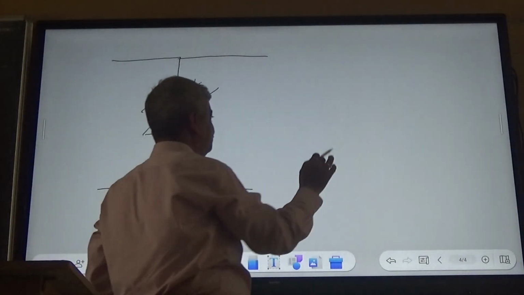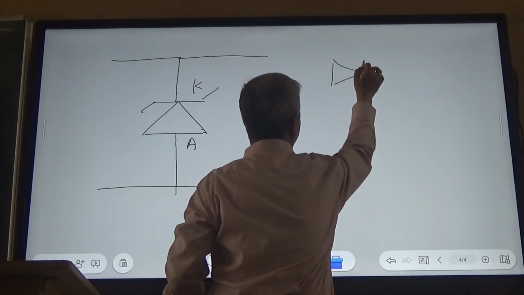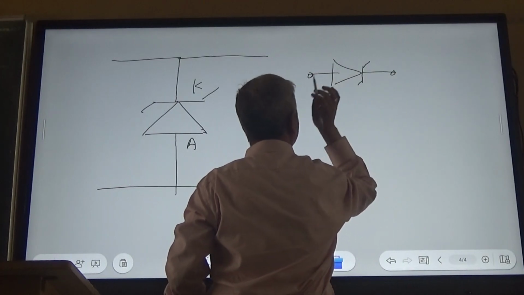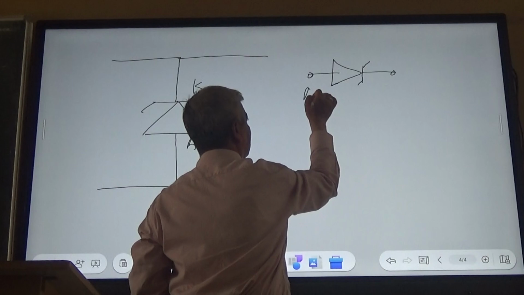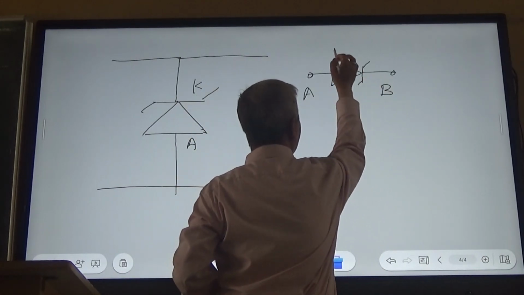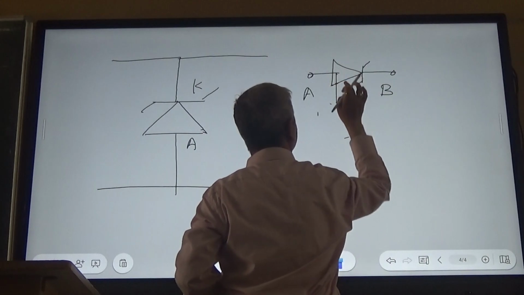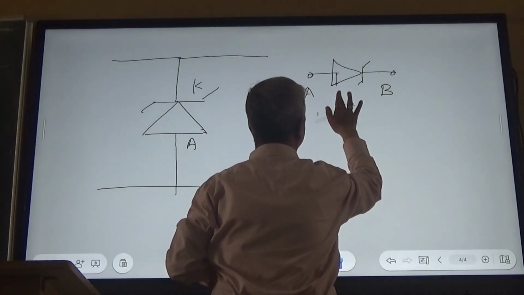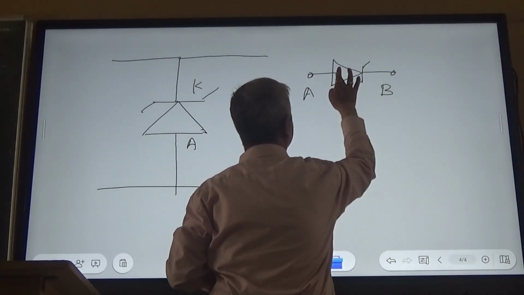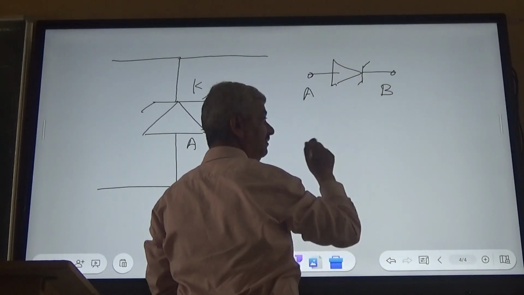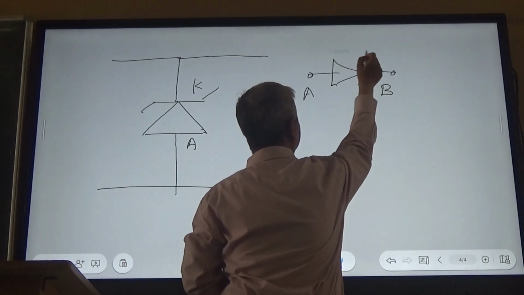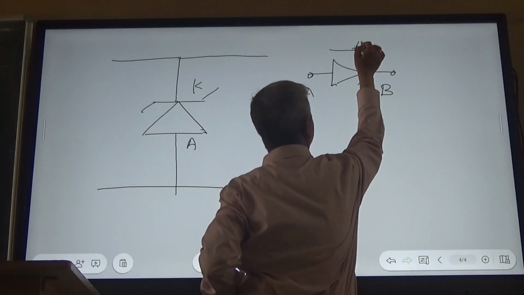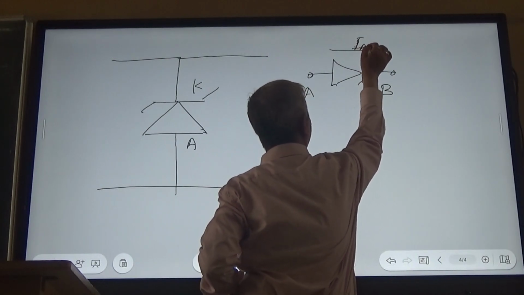What is Zener? This is Zener, A, B, and this is VAB, and this is IZ or IAB.